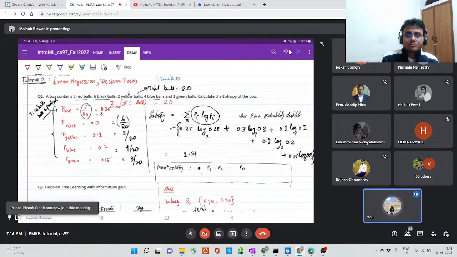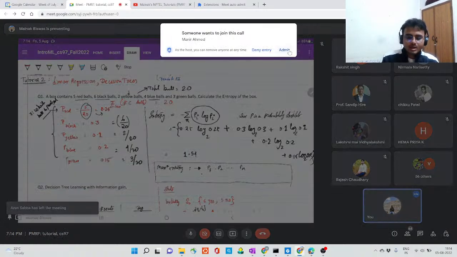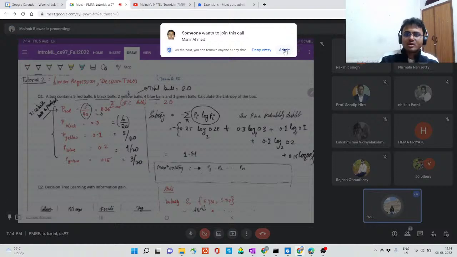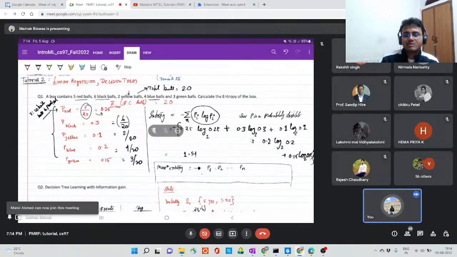So entropy is seeing how random the system is. So are there more red balls or not? For that we take the summation of p into log p. For each value of the random variable we will take pi into log pi, right?